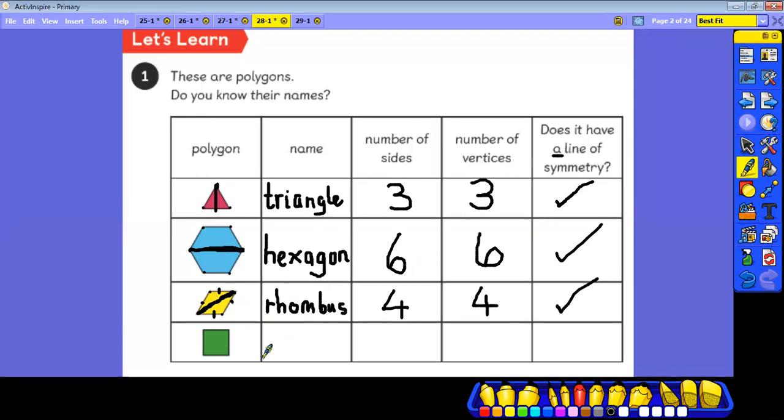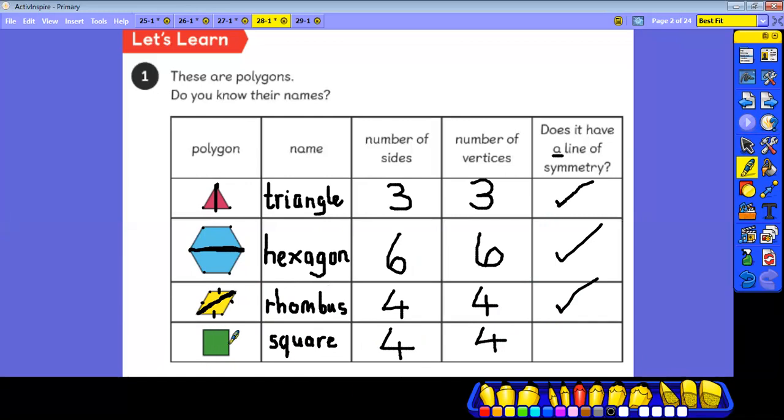And I know you all know the last shape. That's our square. And I really don't think we should need to count the number of sides. I think we should know the number of sides that our square has got and our number of vertices. And we know it's got more than one line of symmetry, doesn't it?